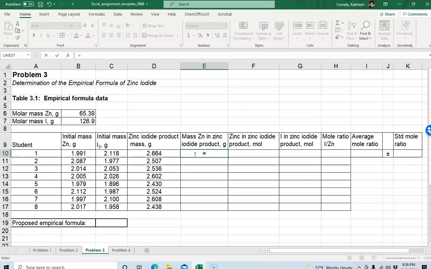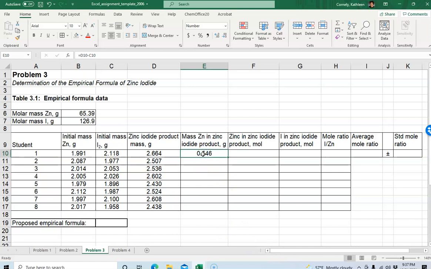And if we have a product that only has zinc and iodine in it, and if we assume that iodine is the limiting reagent and it completely reacts, what that means is that if I take the product and I subtract from that the mass of the iodine, then what's left over should be zinc. So I can copy.